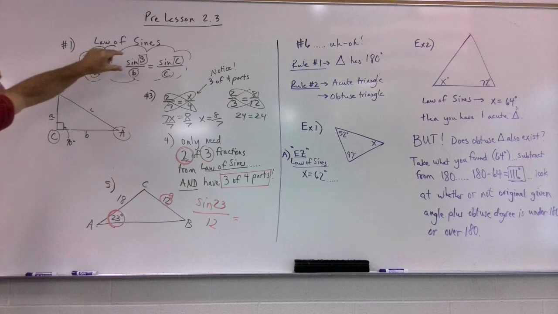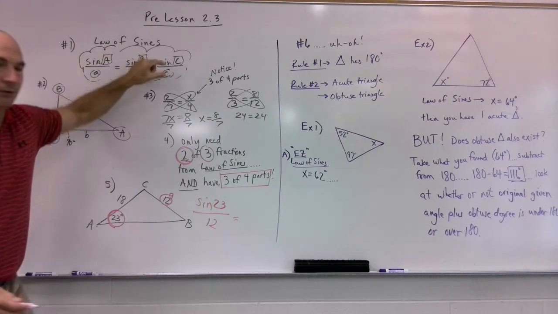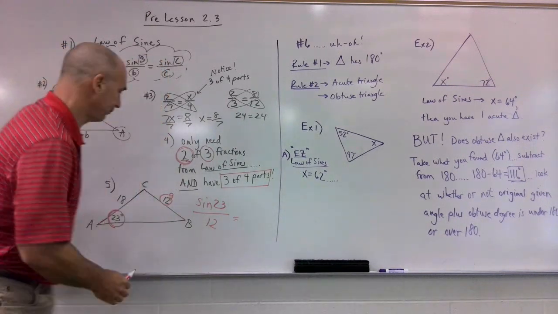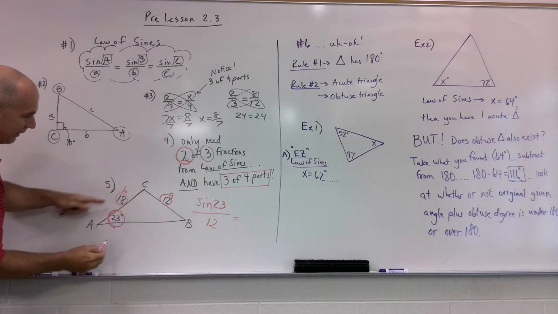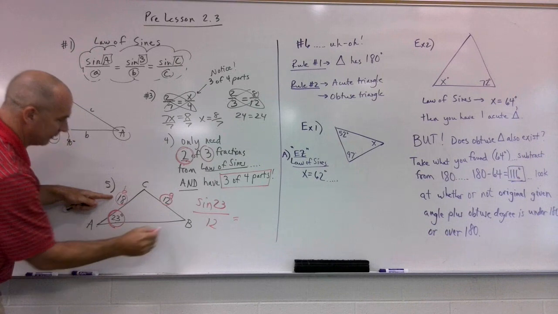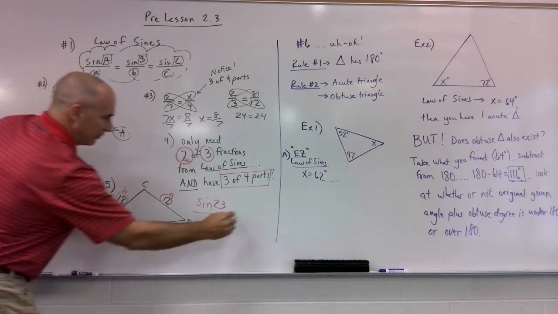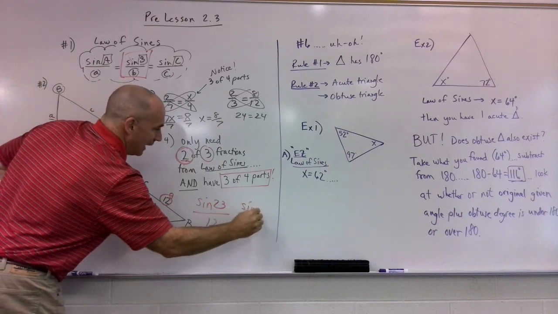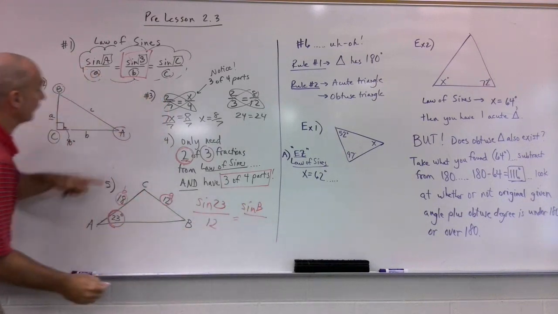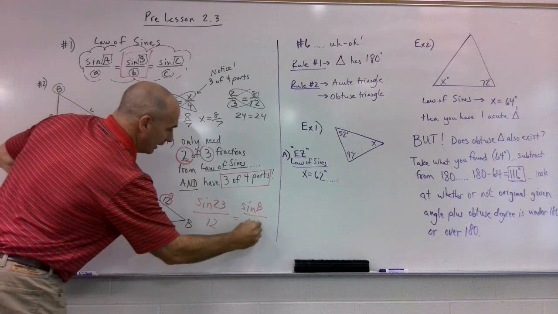And now I have to pick between this one or this one. Not both of them, just one. And I can just look at this and say, I got side B there. I don't know what angle B is. So I'm going to pick this part of the formula right here. And I'm going to go sine of angle B all over side B, which is 18.